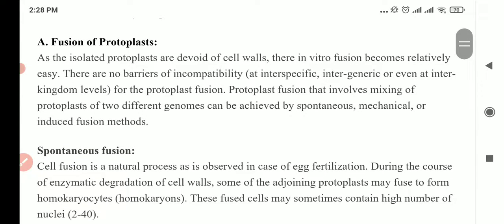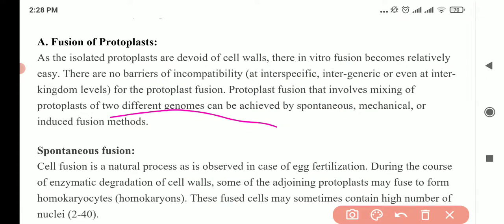Protoplast is what? Those cells which don't have cell walls, the nucleoplasm and the cytoplasm. So you fuse them by mixing the protoplasts of 2 different genomes, by those methods we have learned: spontaneous, mechanical, or induced fusion methods.